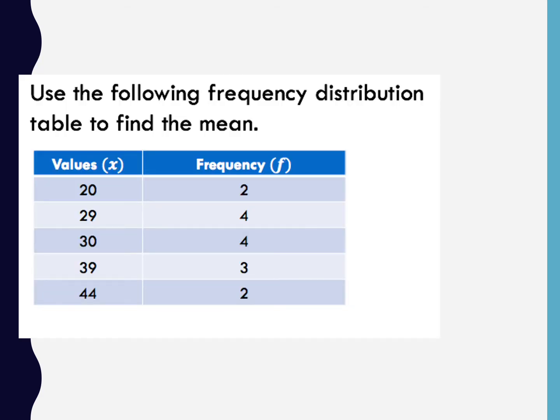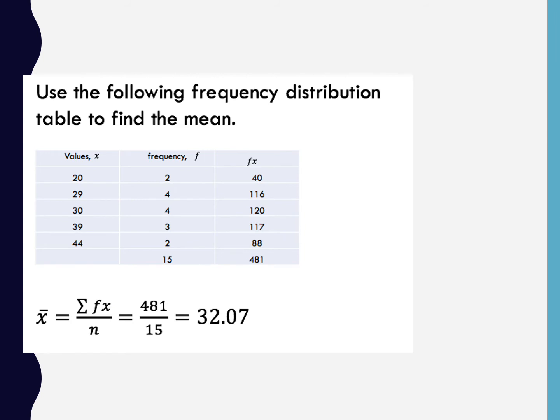Next, how are you going to solve the mean of your observations if it's already in a frequency distribution table? To solve for the mean of a frequency distribution table, you first multiply the values by their frequency. In this case, on the first row, that is 20 times 2, which is equivalent to 40.